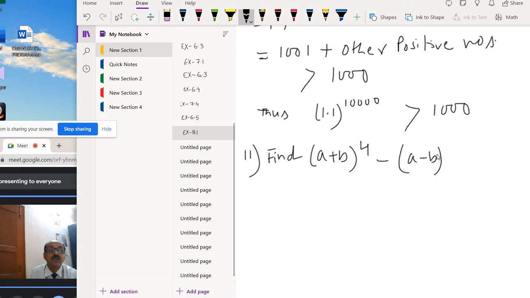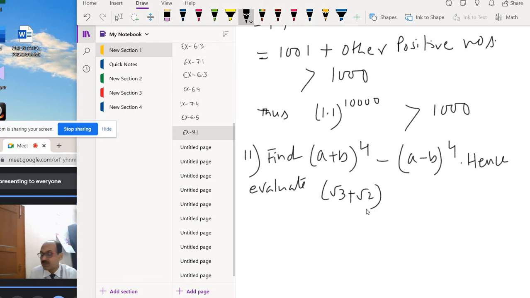Hence, evaluate (root 3 plus root 2) to the power 4 minus (root 3 minus root 2) to the power 4.